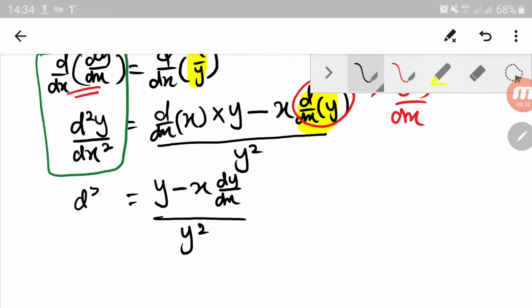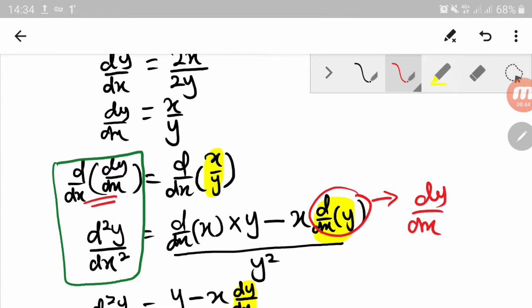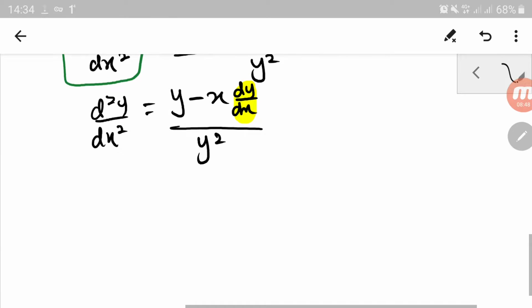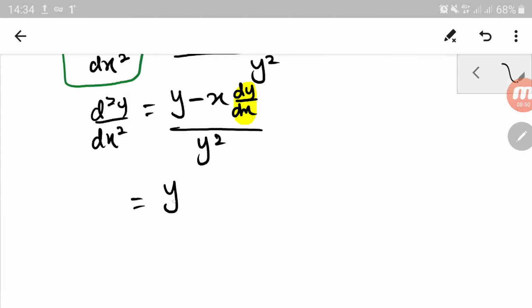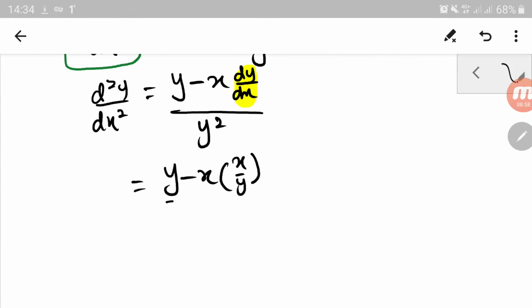Now we want the second derivative to be in terms of x and y, so we might need to substitute what dy/dx is. dy/dx is the one that we got over here, so we can substitute it inside. Okay, so y minus x times x over y, over y squared.